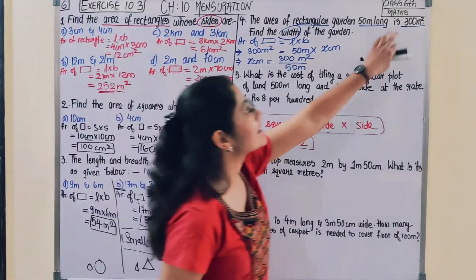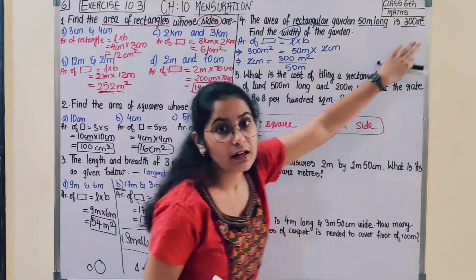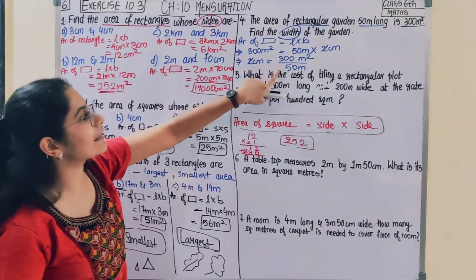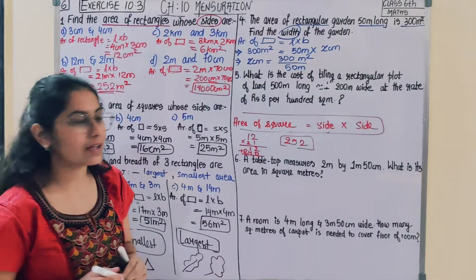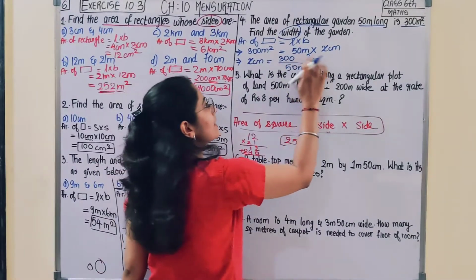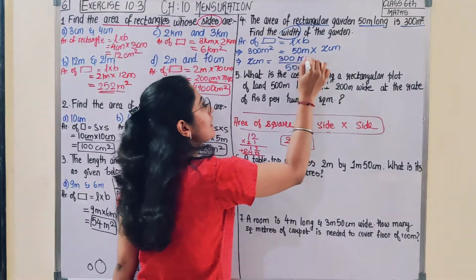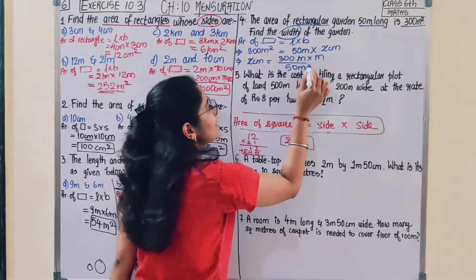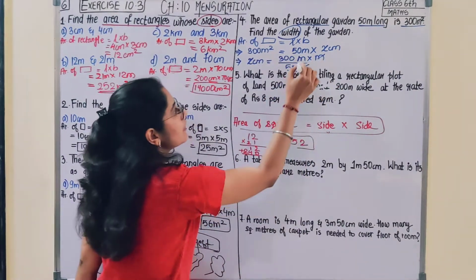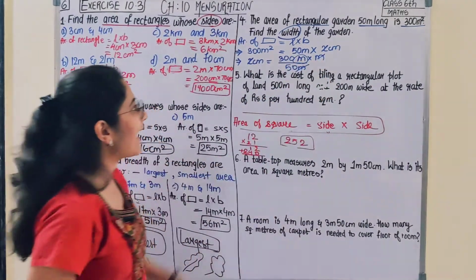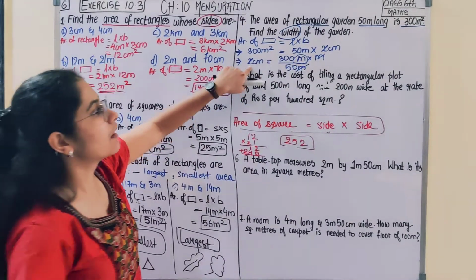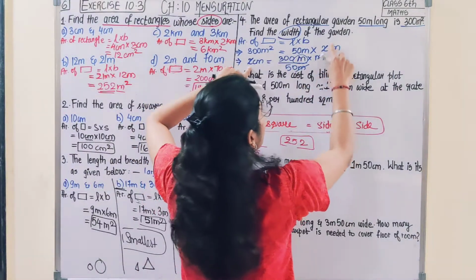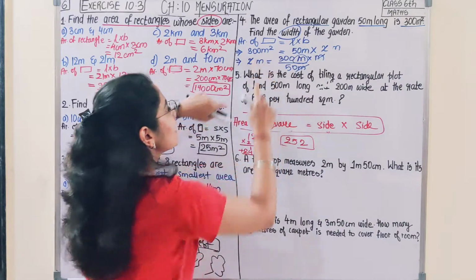So the area is 300 meter square, so 300 meter square divided by 50 meter. Now you see, I can write meter square as meter into meter. Now meter cancels with meter, remaining is meter. So the x centimeter cannot be written as centimeter, we would be writing in meter.